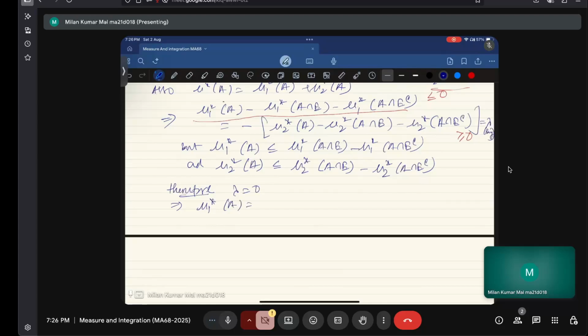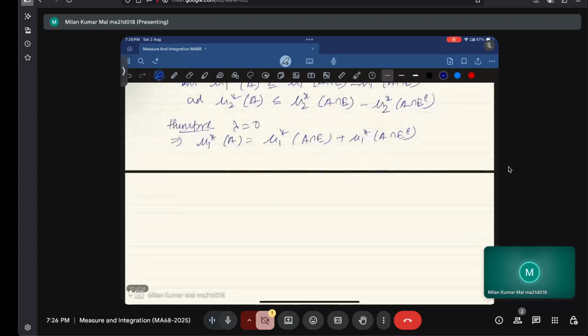That implies mu1 star A is equal to mu1 star A intersection E plus mu1 star A intersection E complementary. Second, mu2 star A is equal to mu2 star A intersection E plus mu2 star A intersection E complementary.